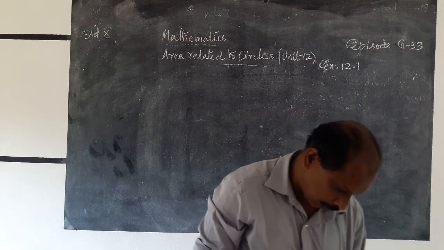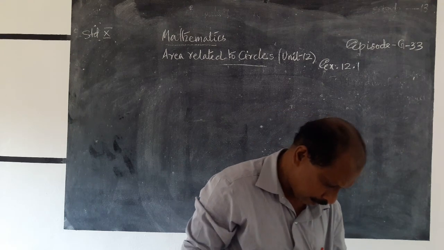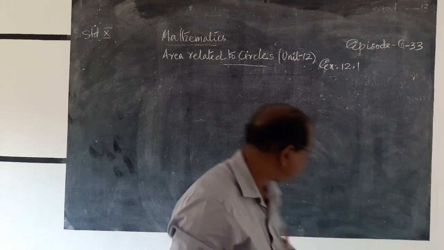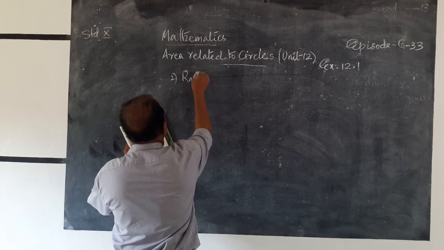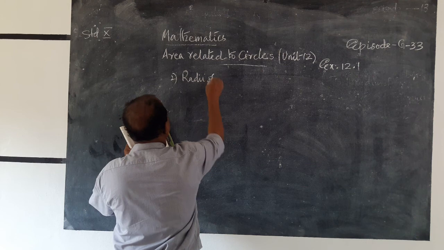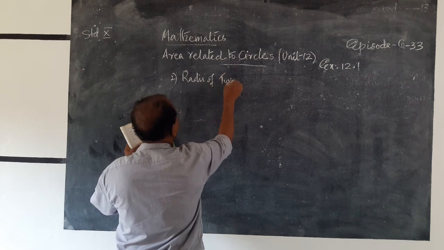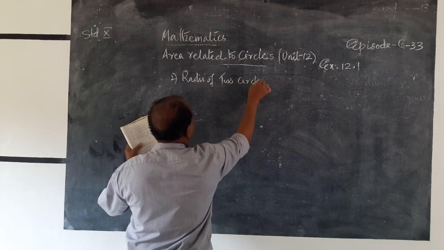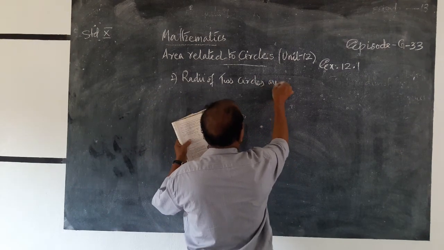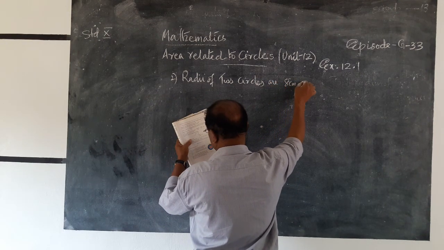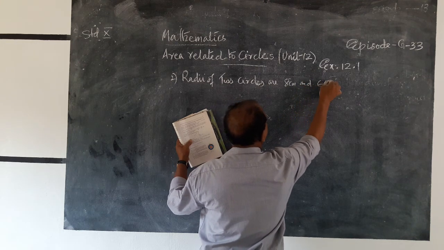The second question is: the radii of two circles are 8 centimeter and 6 centimeter.